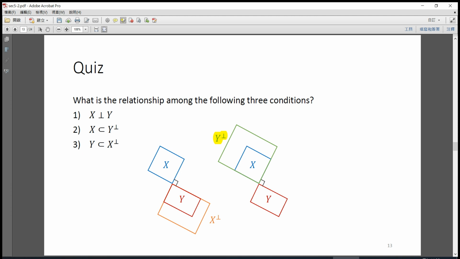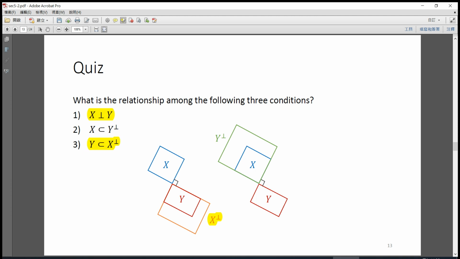If X and Y are orthogonal subspaces, then X is a subset of Y perp, because Y perp is the set of all vectors that are orthogonal to every vector in Y. And the left-hand side figure depicts the relation between condition 1 and condition 3.